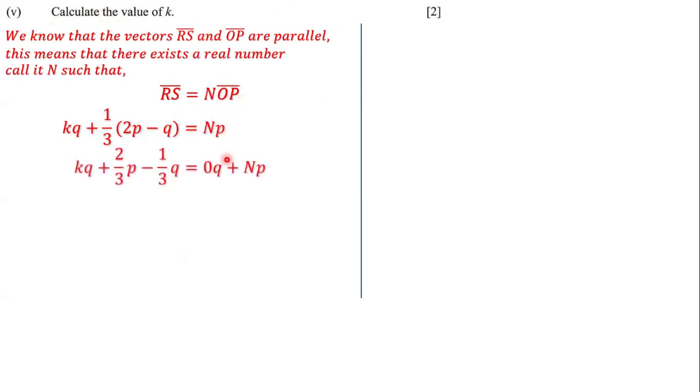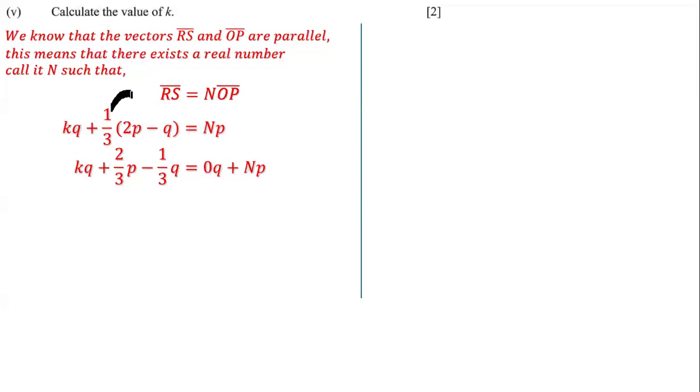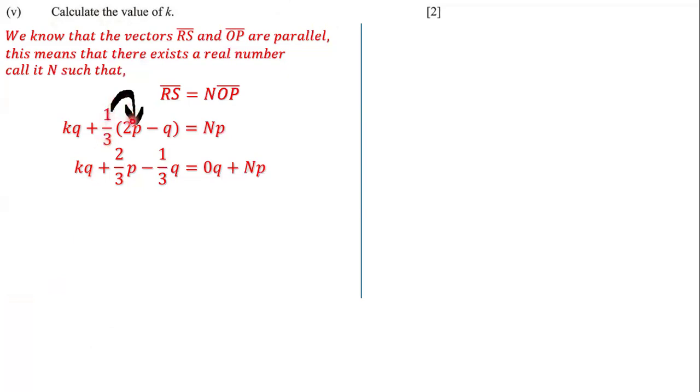Next, we're going to expand this. A third multiplied by 2P is equal to 2 over 3 P. Then we take this a third and multiply it by negative Q, and that gives us negative a third Q. And that's going to be equal to 0Q plus nP.